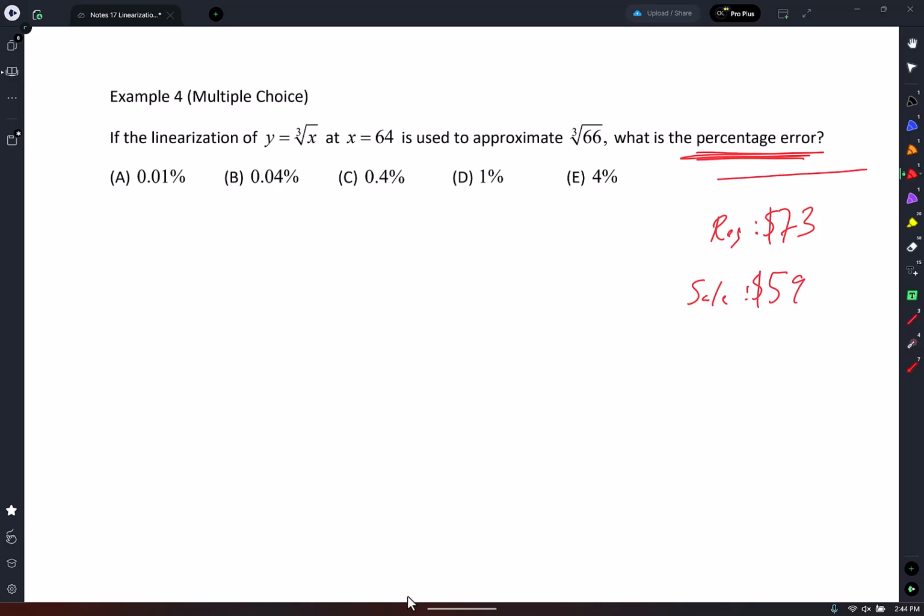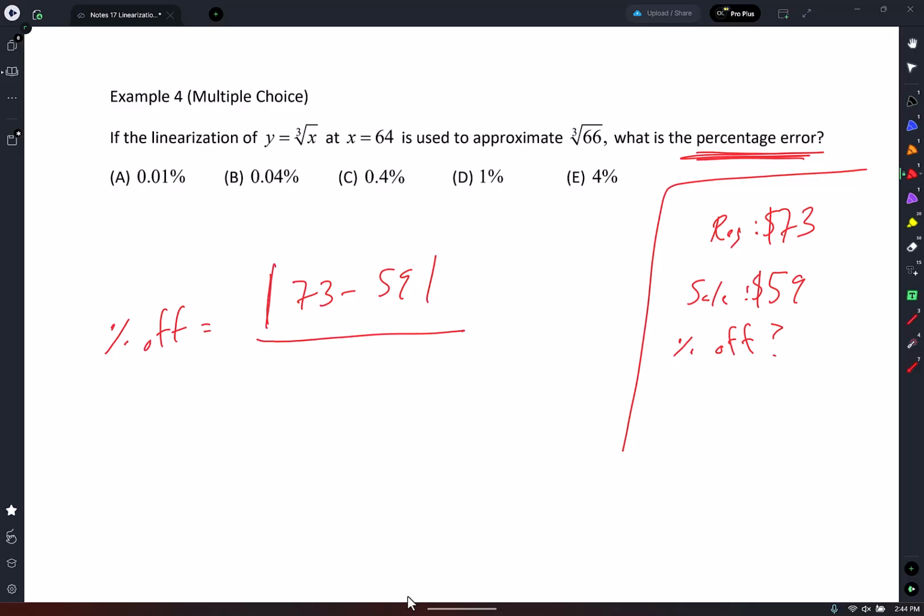This is a side note. I want to know percentage off. How do you know, or do you just not care? You just know it's on sale and you just buy it? No, guys, figure out if you're getting a good deal. Okay, so how do you figure out percentage off? Percentage off equals the absolute value of 73 minus 59. You could also do 59 minus 73.